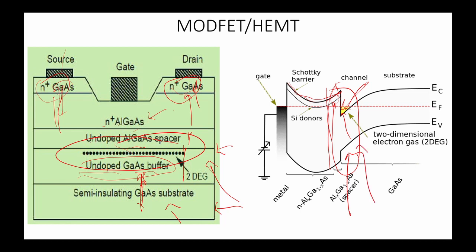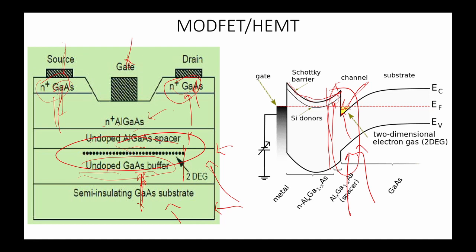Whenever we apply a potential between source and drain, there will be a current, even without any voltage at the gate. So to turn off this device, we need to apply a voltage. In a MOSFET, we apply the voltage to turn on the device, but in a HEMT we need to apply the voltage to turn it off.